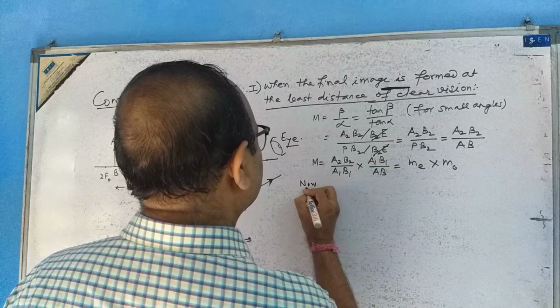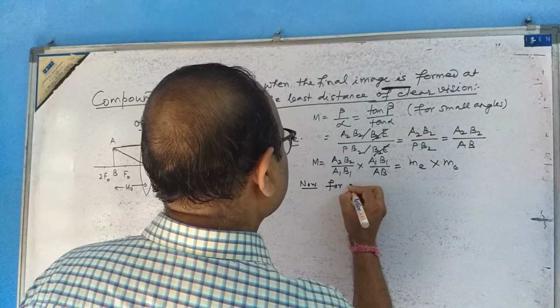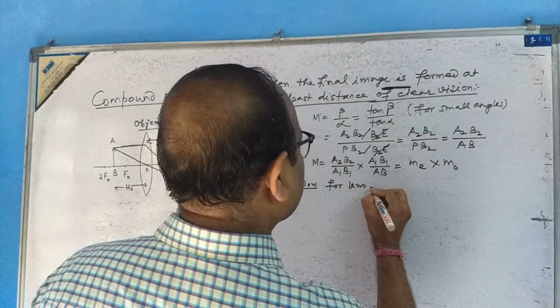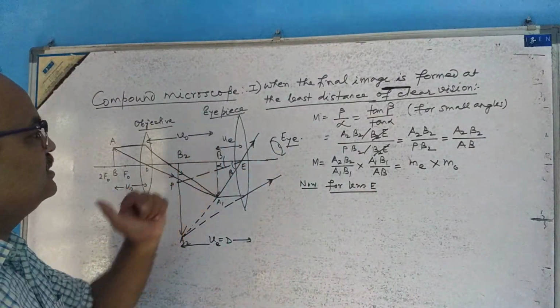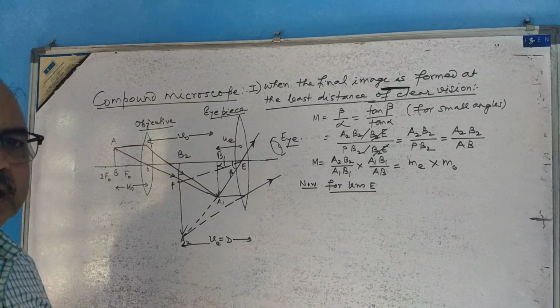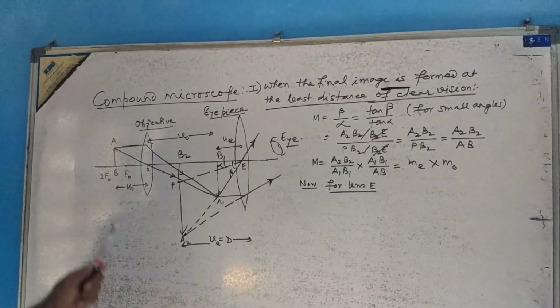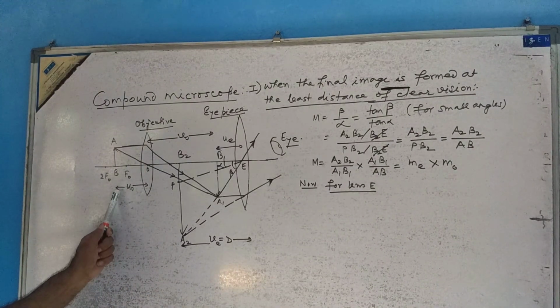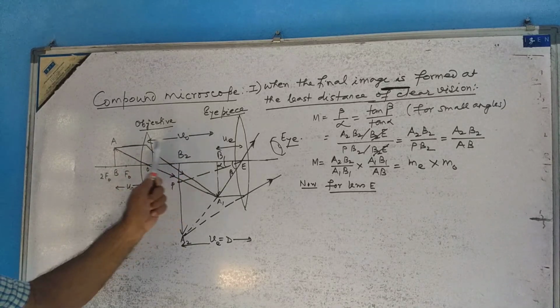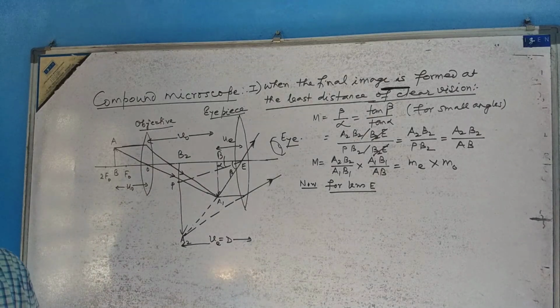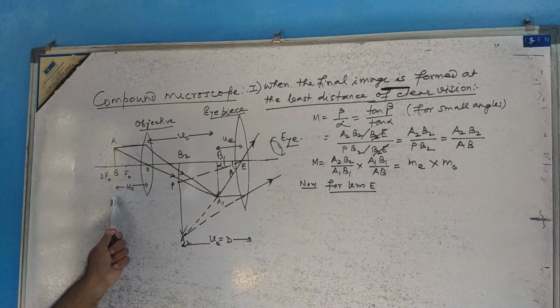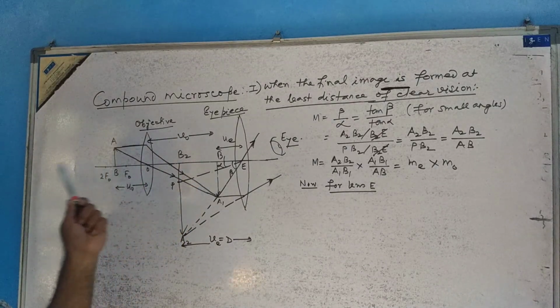Now for lens E, let us see. I have already told you this distance is UO and this distance is VO, that means UO and VO are the object distance and image distance for the objective.